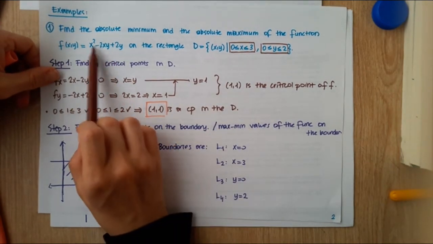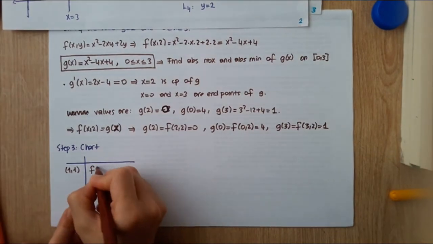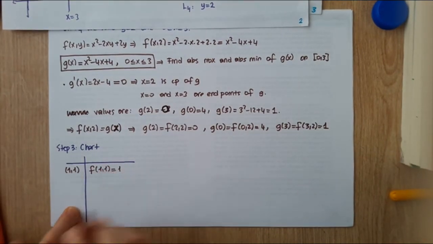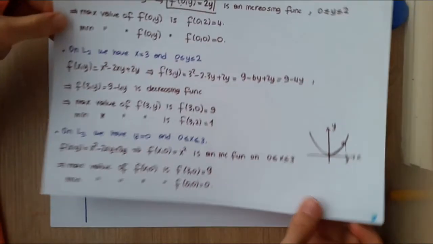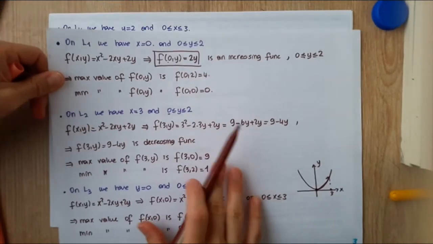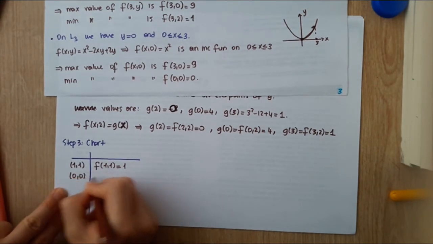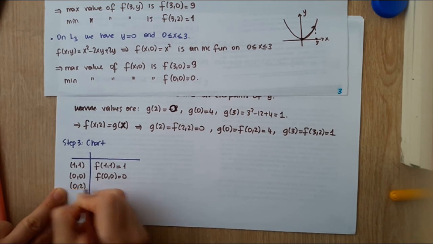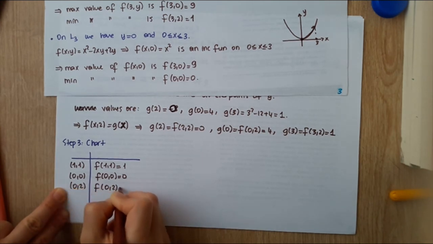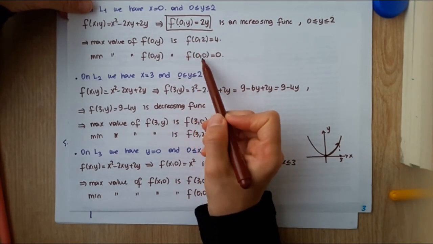If you substitute 1, 1 here, 1 minus 2 plus 2, which is 1. f of 1, 1 is 1. And then on the first boundary L1, I have 2 points, 0, 2 and 0, 0. We know that f of 0, 0 is 0, and f of 0, 2 is 4. We obtained this here.